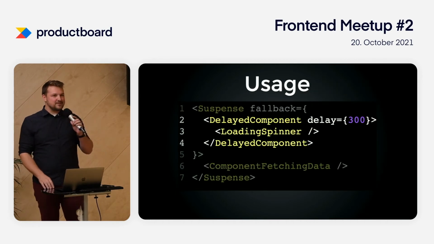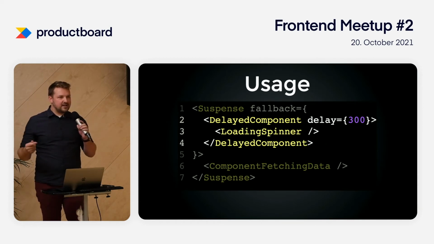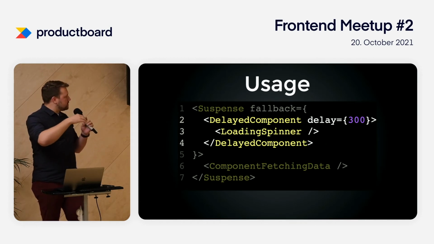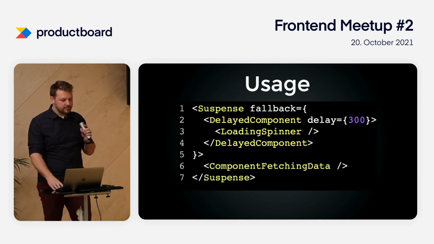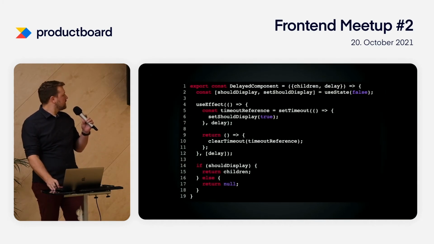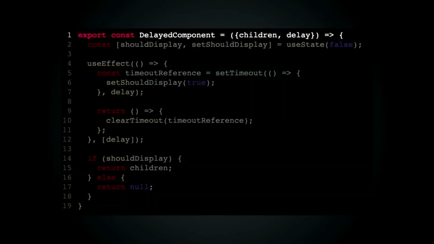All right, so this is how you use it. You can wrap any component, you pass a delay, and the children will be rendered only after the delay. So this is the implementation. Let's go through that really quickly. It gets two props, the children and the delay.